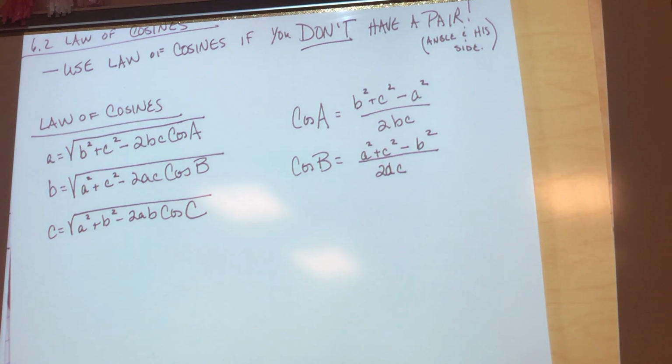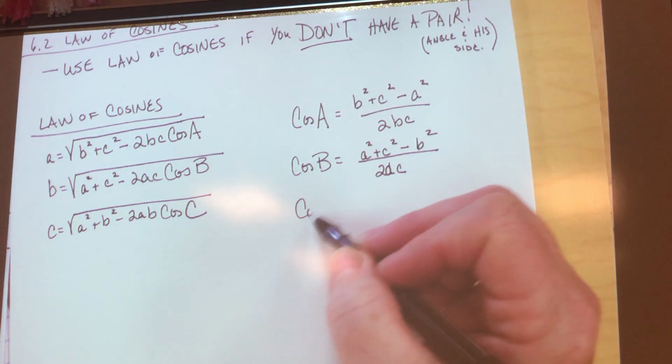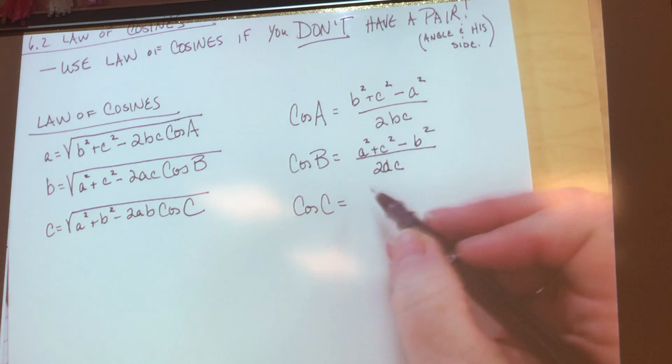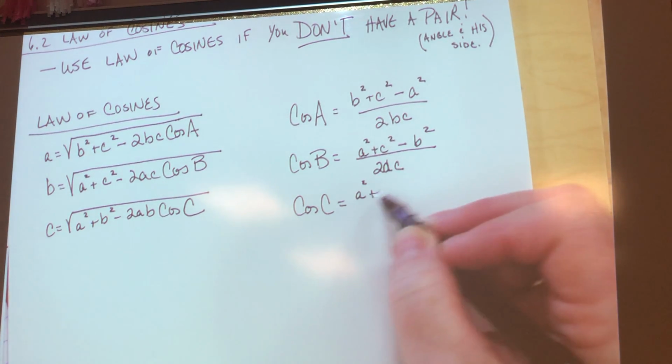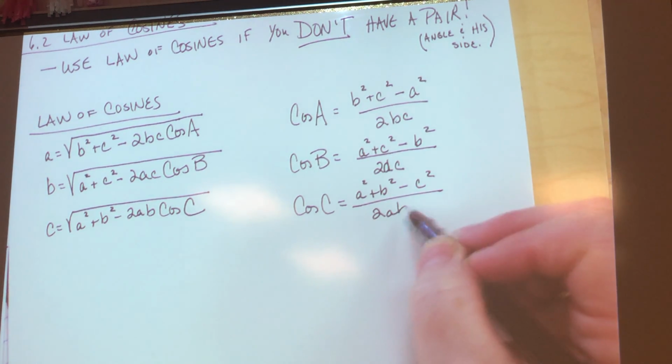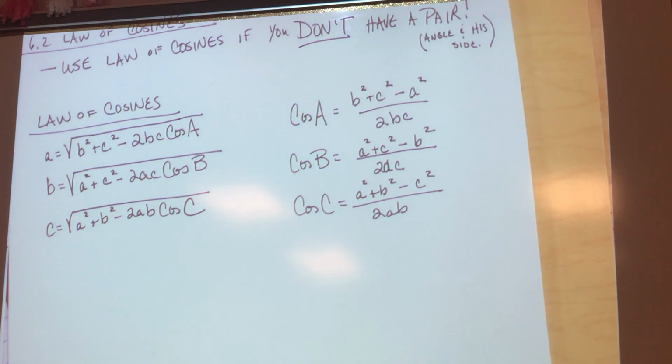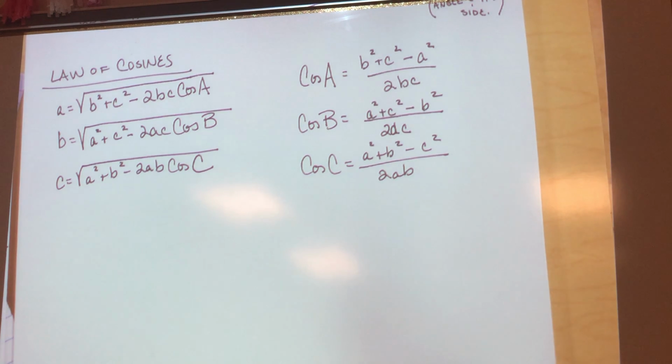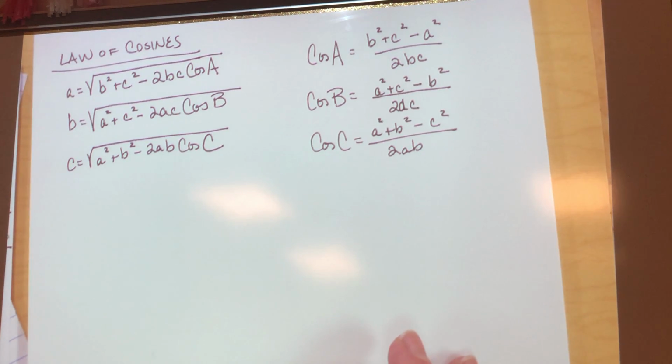Then cosine of c is equal to a squared plus b squared minus c squared over 2ab. That's the way I do it, figuring out how it all goes together. That's so weird how it's only ABC once. Oh, that's just crazy.